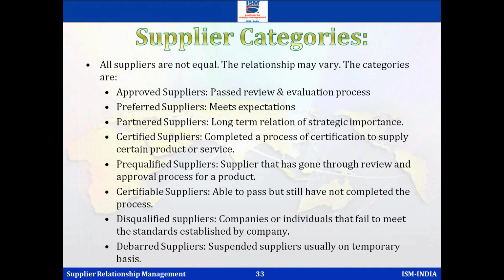Then you certify a supplier once they have gone through this and have supplied you something. So partner supplier is still on paper, but certified means they have delivered you something. Pre-qualified, then certifiable, as the name indicates, able to pass but still have not completed the process.